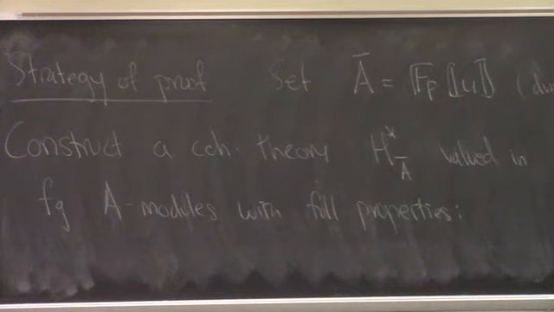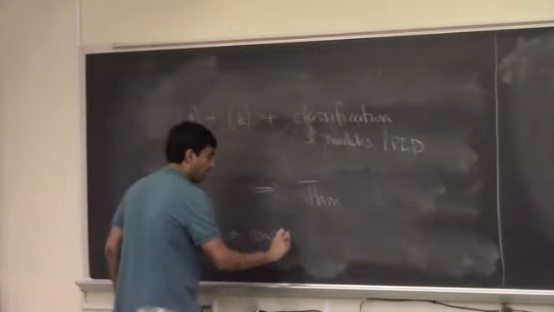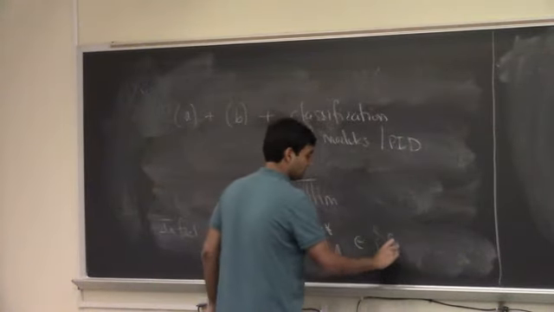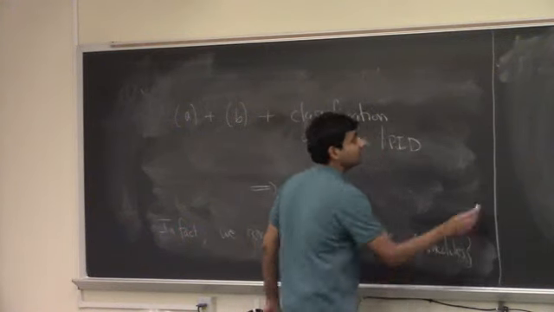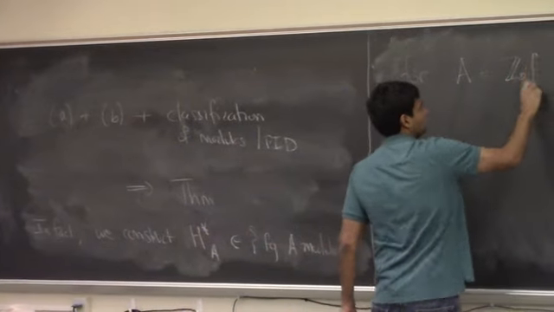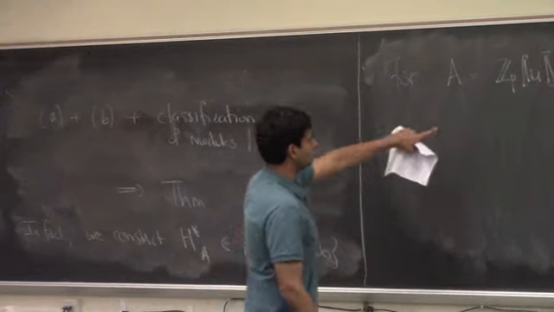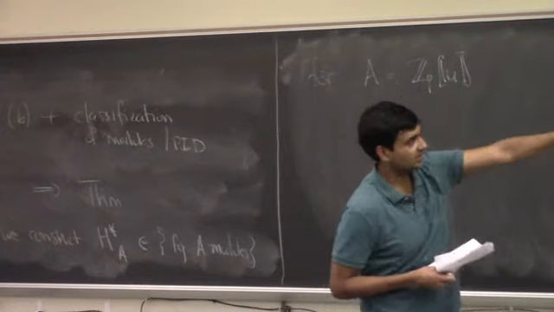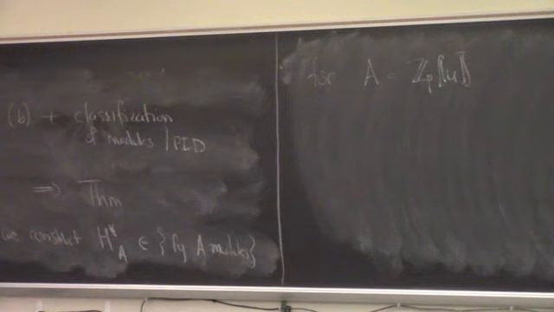So in fact, you construct A star of A, which lives in finitely generated A modules, where A is this ring, Zp power series u. Not just Fp. So Zp is the p-adic integers. So if I reduce mod p in this coefficient ring, I get Fp. So A mod p is A bar. So we have an integral lift of this mod p theory.